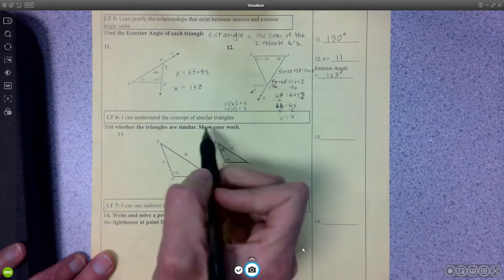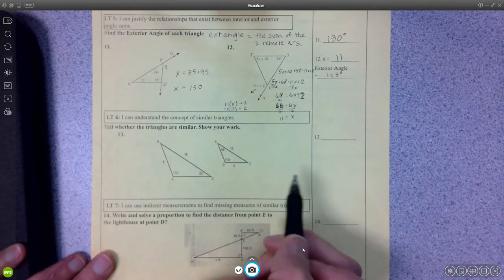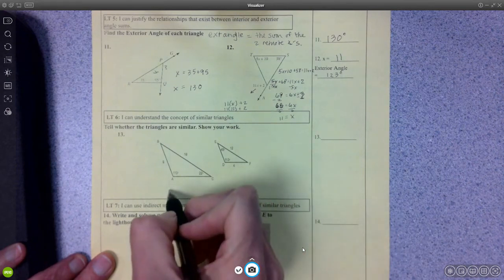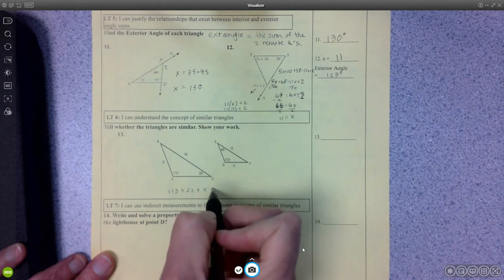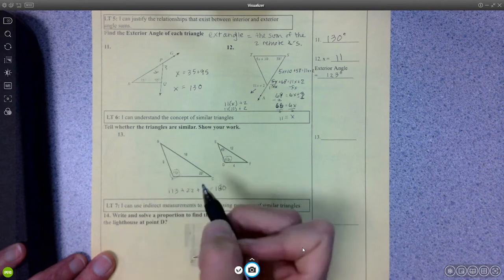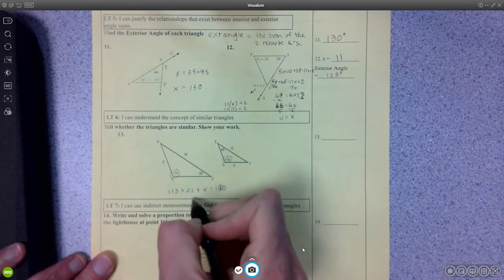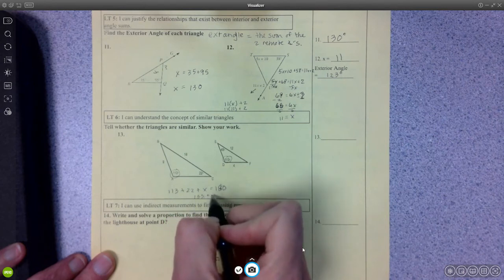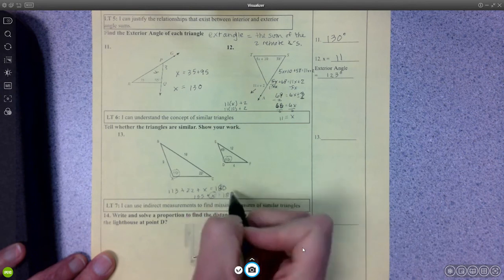I can understand the concept of similar triangles. That means at least two angles have to be congruent. So we know triangles, when you add them all together, equal 180. We also know there's a 113 here, and there's a 113 here. So if I say 113 plus 22, I have 135, and whatever I add to 135 is going to equal 180.